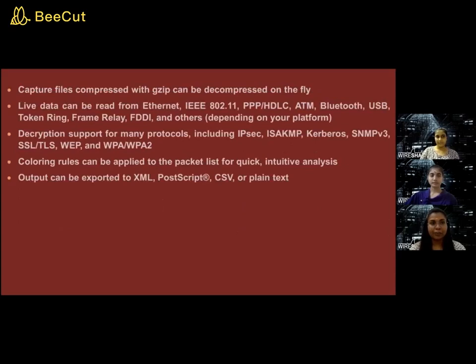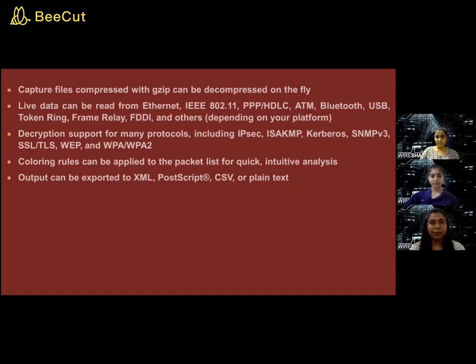Capture files compressed with gzip can be decompressed on the fly. Live data can be read from Ethernet, IEEE 802.11, PPP or HDLC, ATM, Bluetooth, USB, Token Ring, Frame Relay, FDDI, and others, depending on your platform.